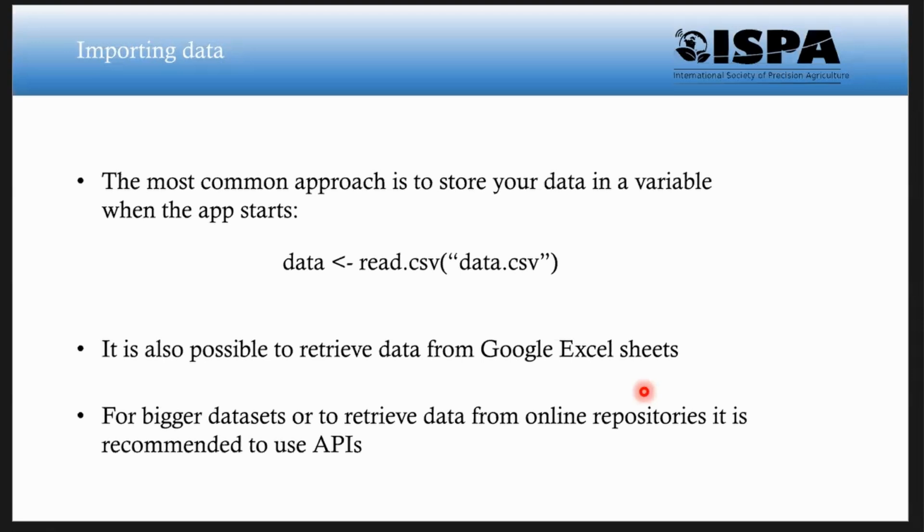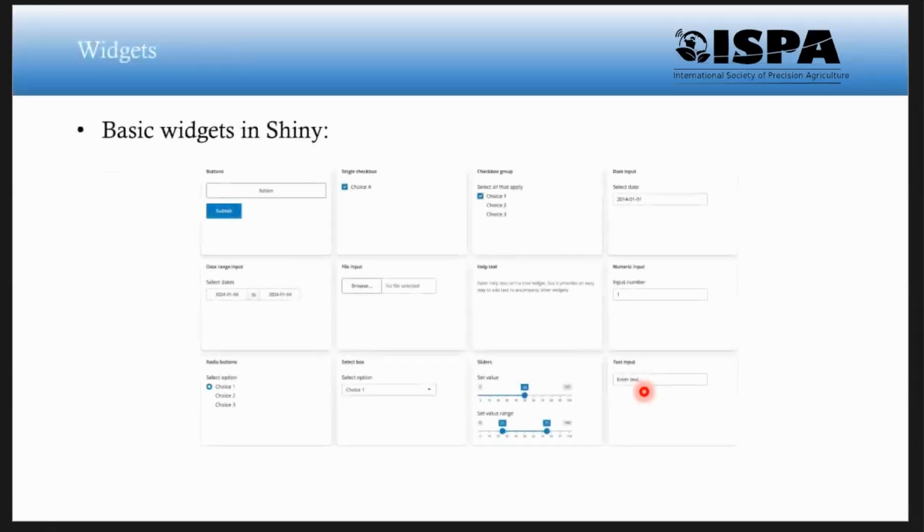One big example that I remember now is NASA Power, which can retrieve those huge parts of data using an API. It will be the same thing. You're going to import the data from NASA Power through an API, and then you can use the data normally in your application.